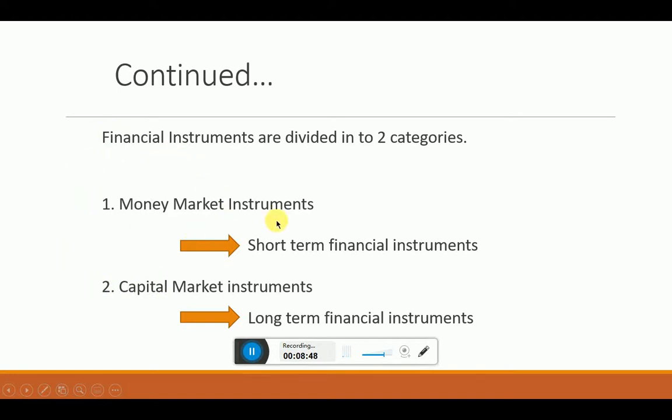Both can be debt financing and equity financing, and both are issued by the organizations to do debt financing and equity financing, right? So this is the common thing. But the difference between money market instruments and capital market instruments is the instruments being short term and long term. Hope it's clear to you.